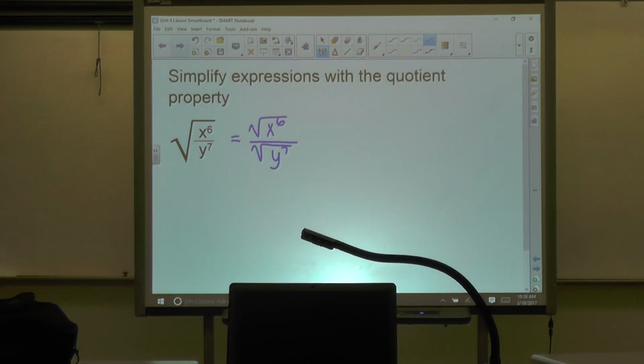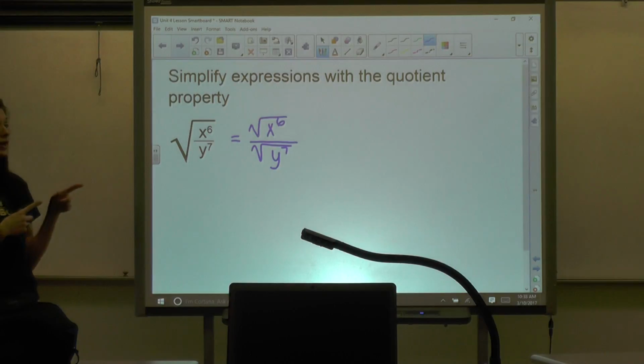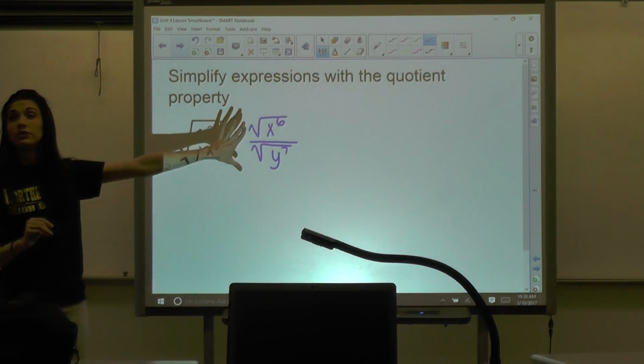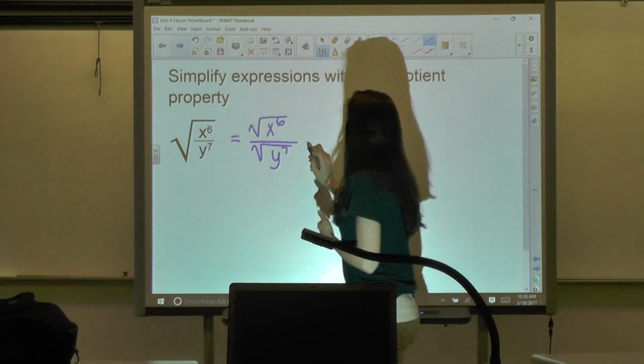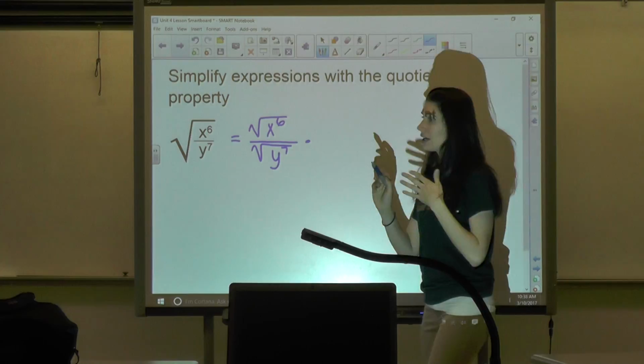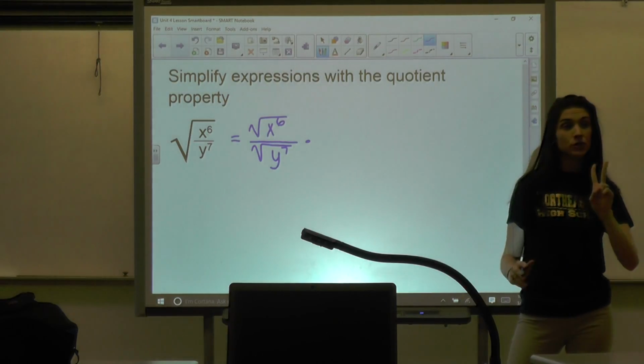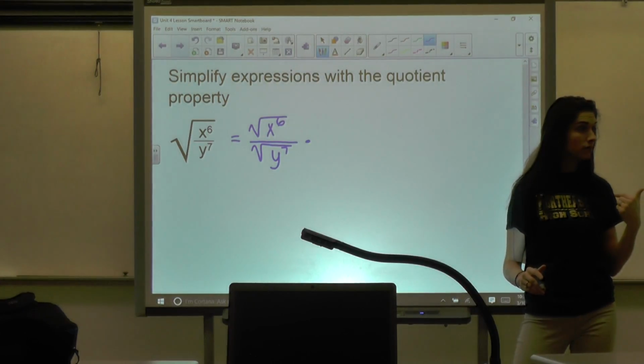You are not allowed to have a square root on the bottom in order to be in simplified version. So you figure out what you can multiply this expression by in order to get rid of the square root. Okay? So listen, the square root ones are the easy ones. Why? Because I know that I want to get rid of this square root and I need to have 2 of something in order to bring 1 out, right?